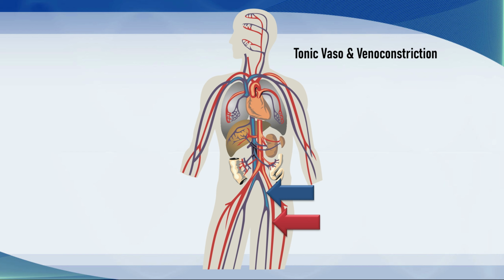Both arterioles and venules are kept partially vasoconstricted, principally by norepinephrine, that's noradrenaline. Hence, loss of sympathetic output from any part of the spinal cord will result in vasodilatation below that level, and usually that results in hypotension.